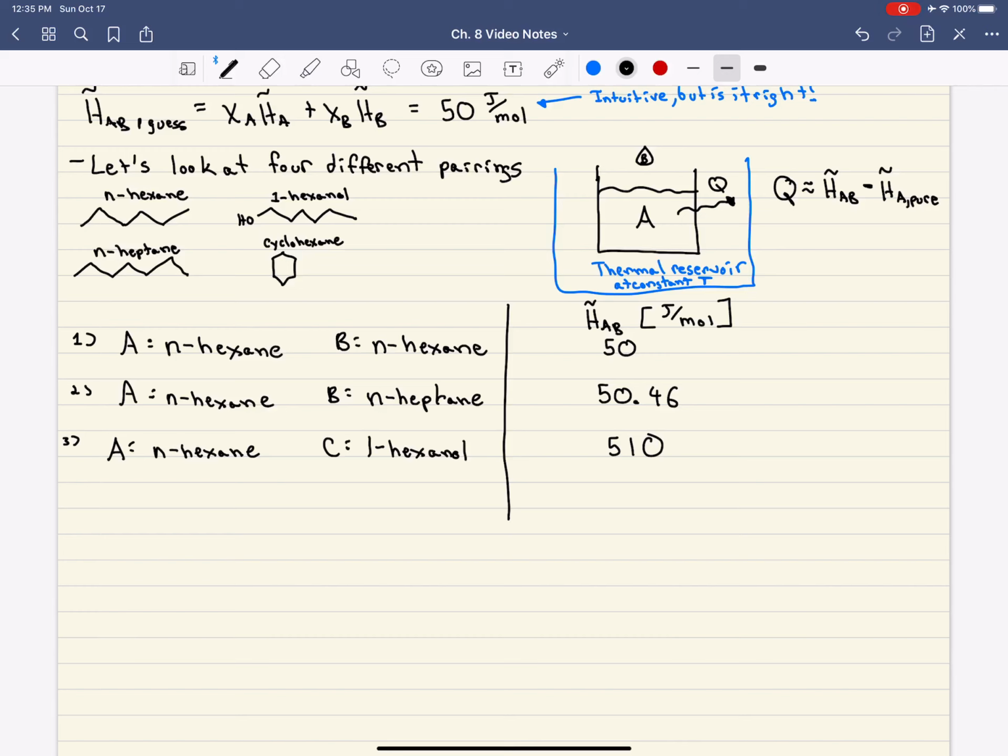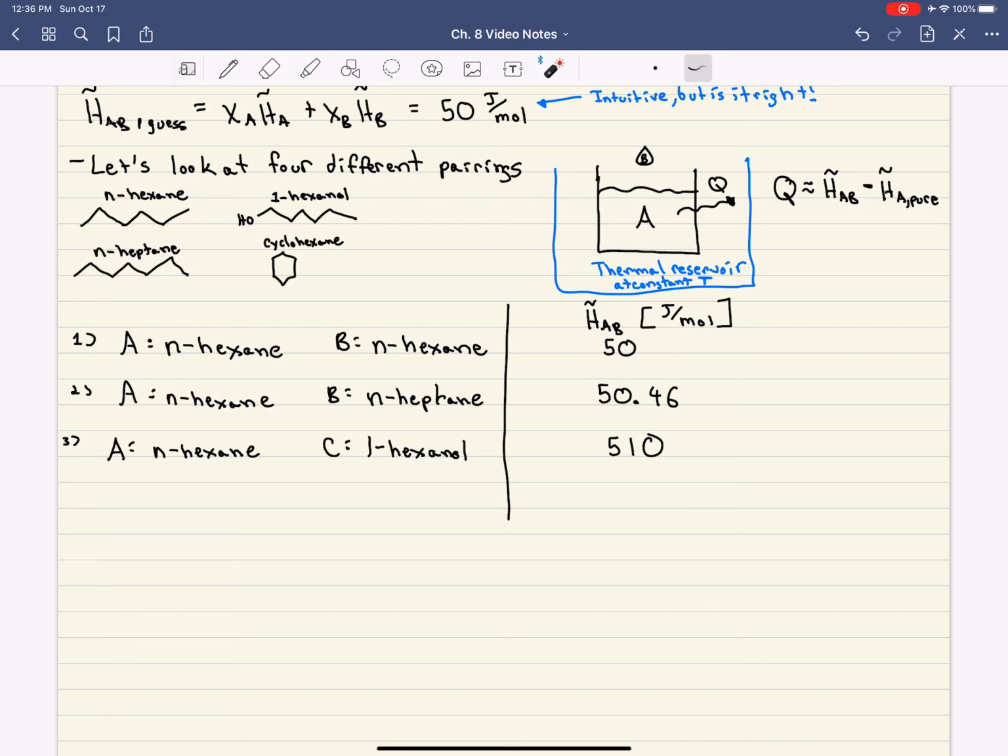And the reason for that is because N-hexane is just carbons and hydrogens, but the 1-hexanol has this hydroxyl group on the end. And these hydroxyl groups like to undergo things like hydrogen bonding. So when that 1-hexanol is pure, those OHs can interact with one another.